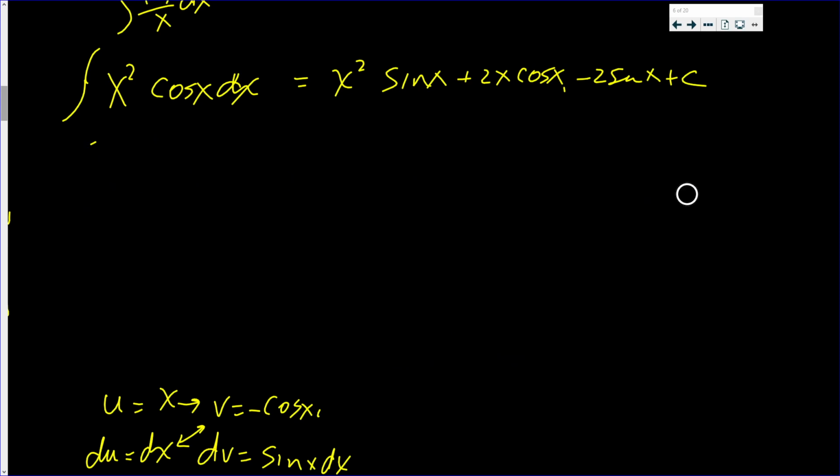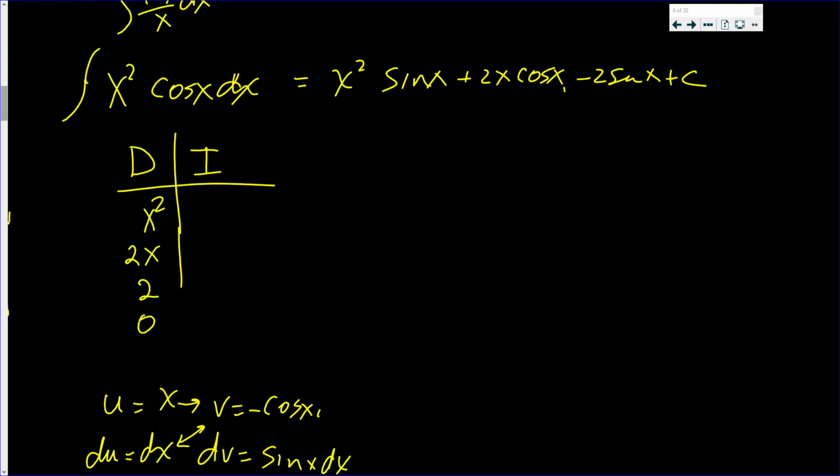I'll show you how easy this integral is. It's always good to differentiate the term that's going to go to 0. You have x squared, 2x, 2, and 0. And ignoring for the moment cosine x, when you integrate it, you get sine x, integrated, you get cosine x.